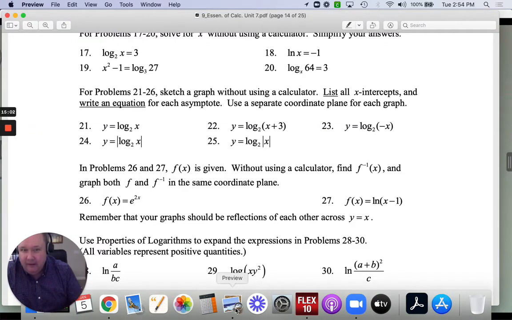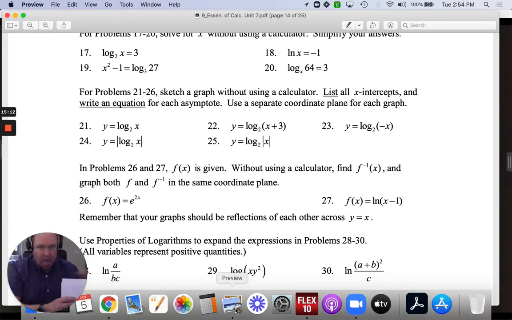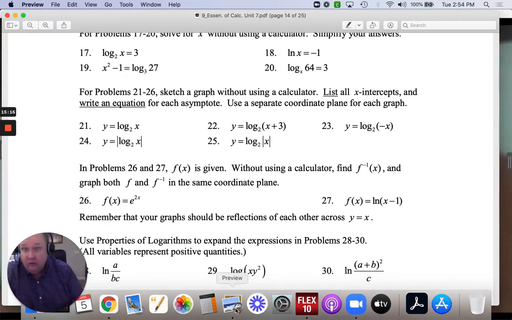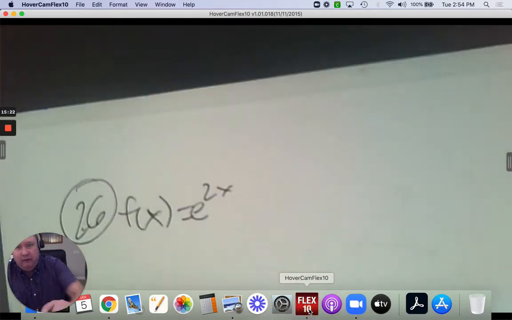Number 26. It says, without using a calculator, find the inverse and graph them both together on the same graph. So let's do that together. Let's start with writing down the function. f of x equals e to the 2x. We're going to find the inverse and graph them both.